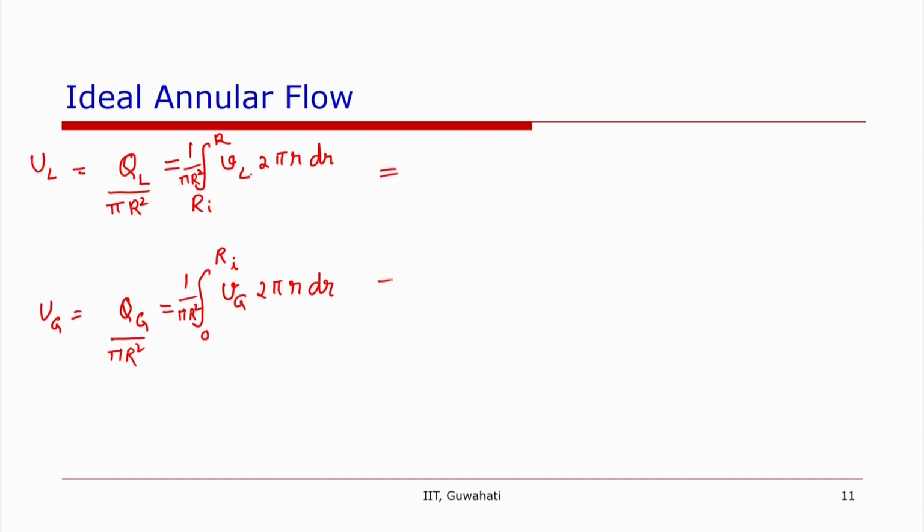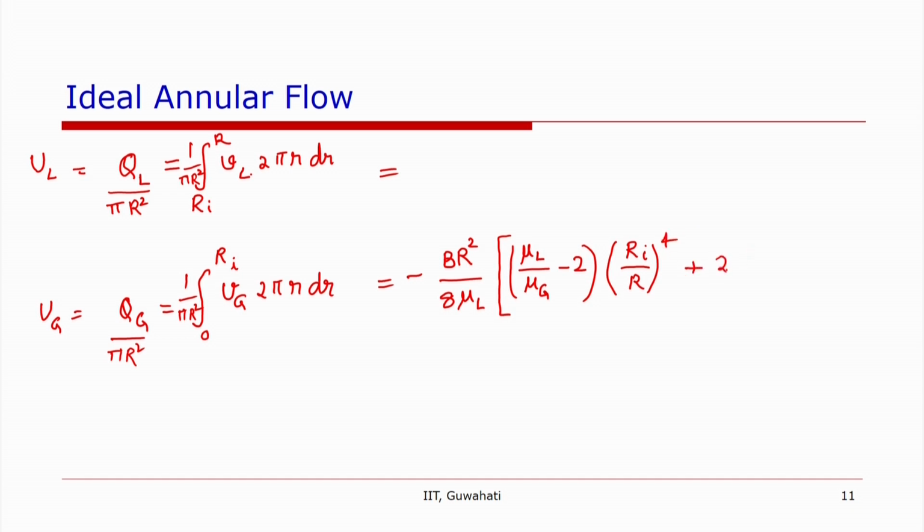By substituting the values and doing the necessary integration, we will get Ug is equal to minus B R square over 8 μL into (μL over μG minus 2) into Ri by R raised to the power 4 plus 2 Ri squared over R squared.